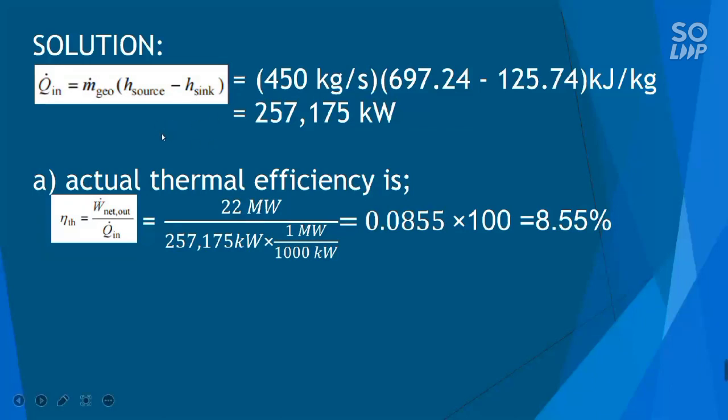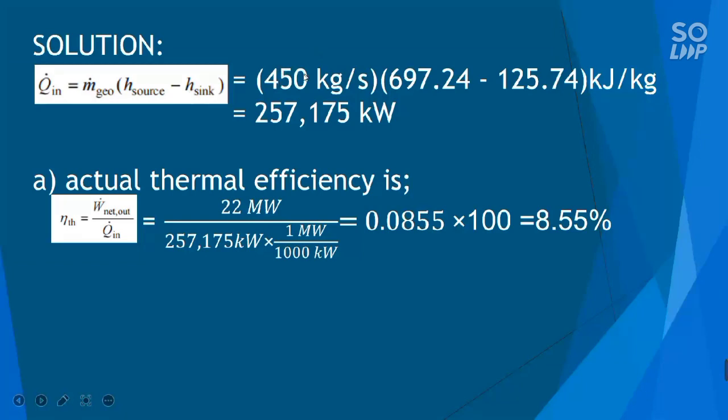For our solution, the rate of heat input to the plant may be taken as the enthalpy difference between the source and the sink for the power plant. So we have this formula: the rate of heat input is equal to the geothermal mass flow rate multiplied by the difference between our enthalpy at the source and the sink.